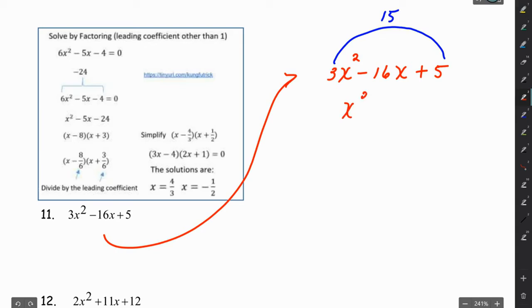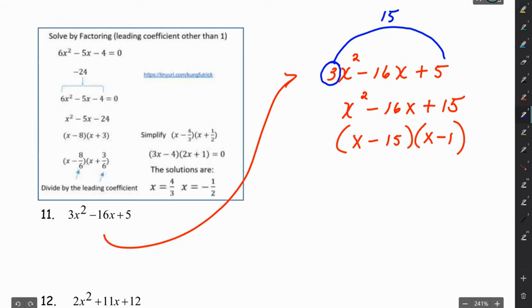Then we get x squared minus 16x plus 15. Okay, now we're going to factor that like we normally would. So two numbers that multiply to positive 15 but add to negative 16. And now we're going to apply the trick.